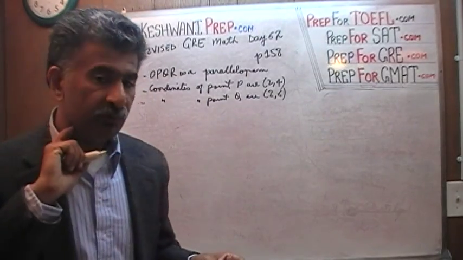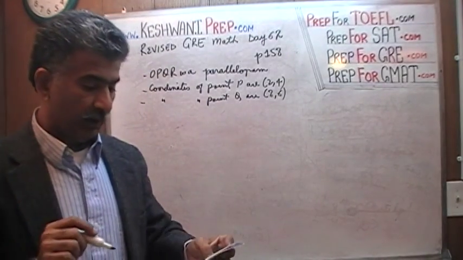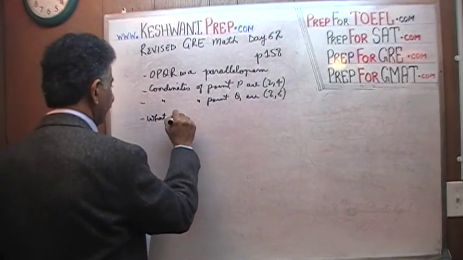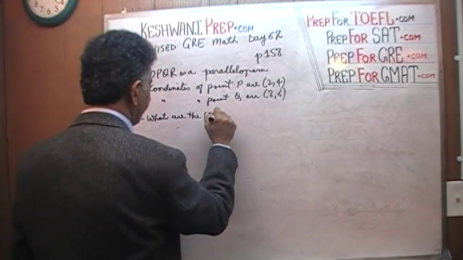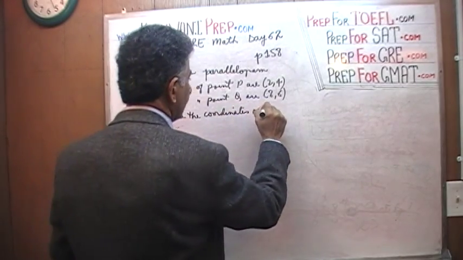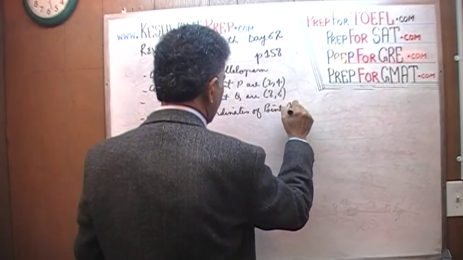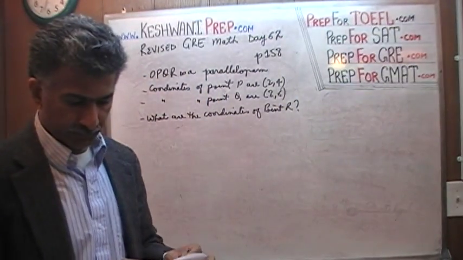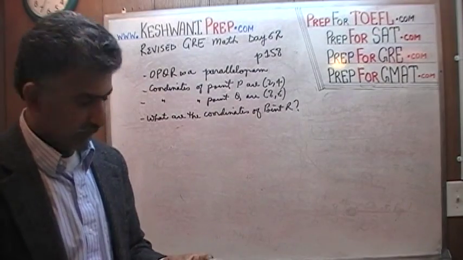So I'm going to reproduce the parallelogram that is given to us, and we'll go from there. The question simply is, what are the coordinates of point R?